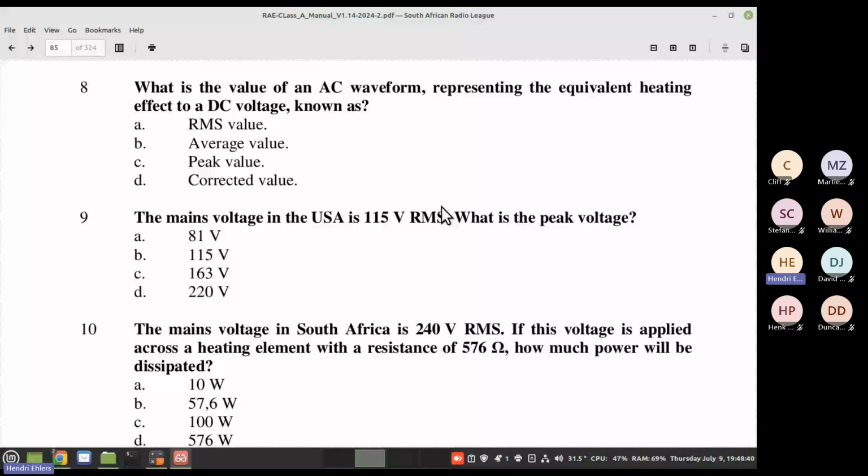What value of an AC waveform represents the equivalent heating effect of a DC voltage? That's the RMS value. We've also repeatedly said that the RMS value is what a DC circuit will produce into a resistance.